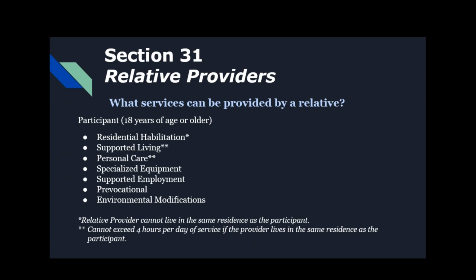For the ones listed in the bullets with one asterisk, a relative provider cannot live in the same residence as the participant. And for those with two asterisks, the services cannot exceed 4 hours per day if the provider lives in the same residence as the participant.